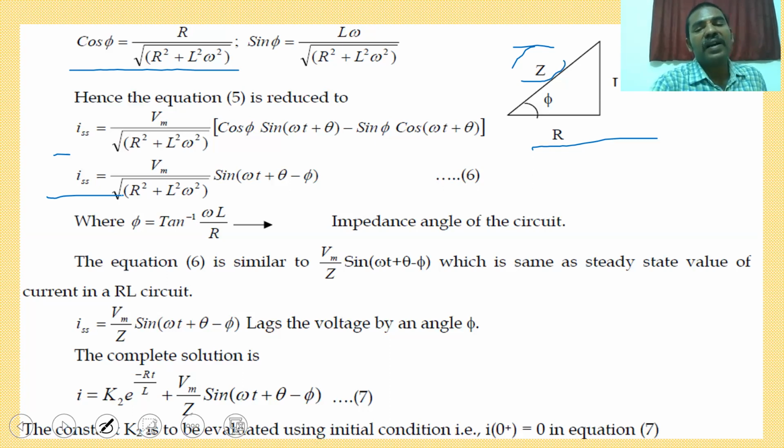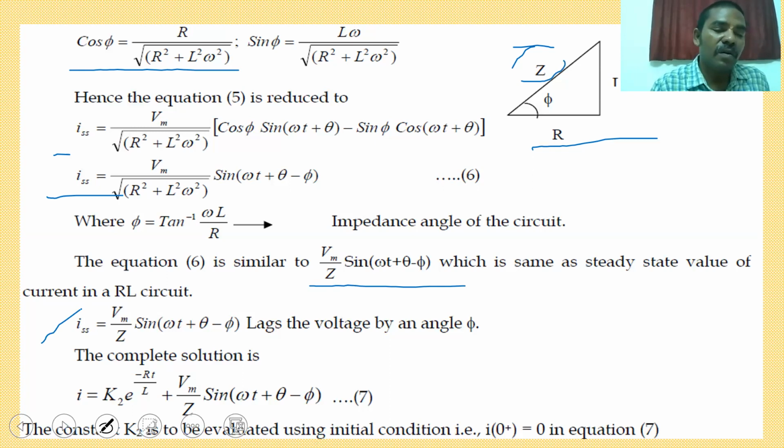So finally the current is Vm by Z sin omega t plus theta minus phi, that is ISS is equal to Vm by Z sin omega t plus theta minus phi. Here it is a lagging angle because of inductance. In the case of capacitance, you get plus phi because of leading.